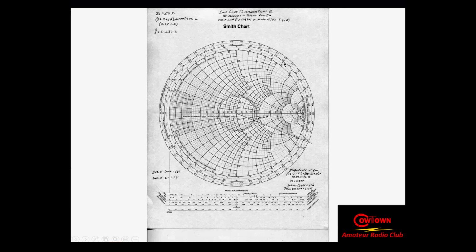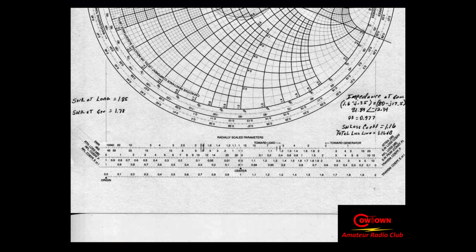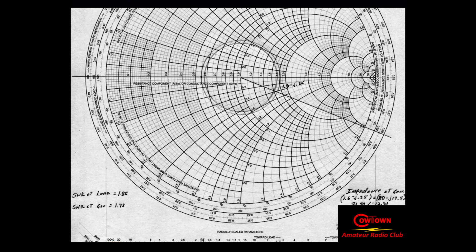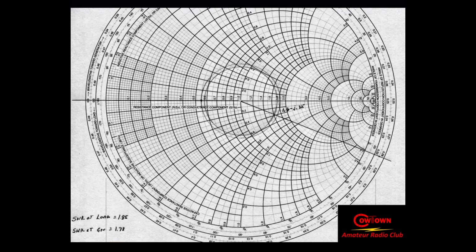So what I did was, this one's a little harder to see. I guess I'll go ahead and blow it up. What I did was, I changed the direction on this. And I started out with 32 minus J0.